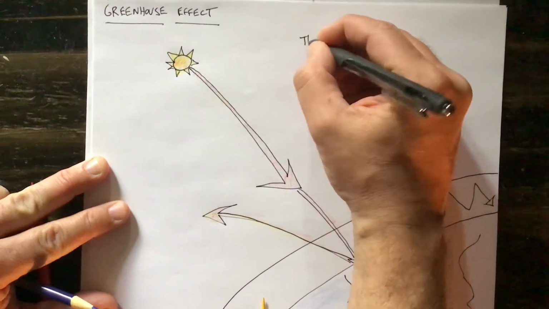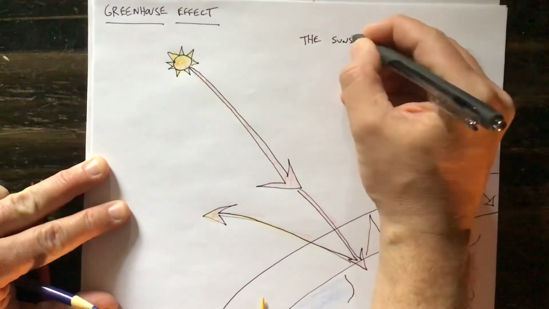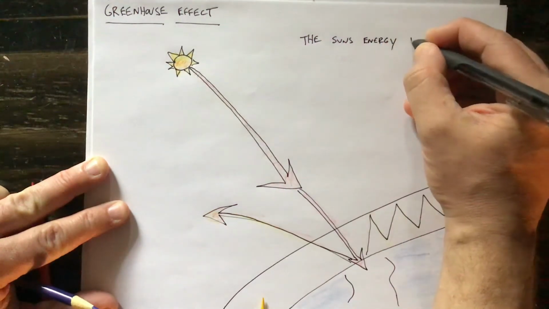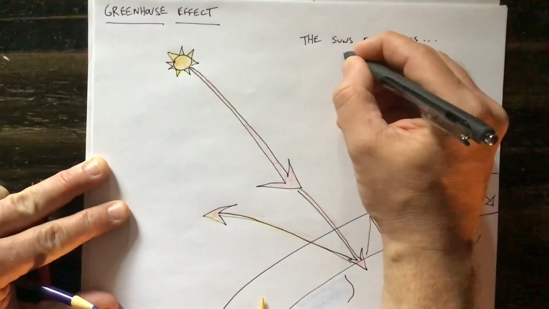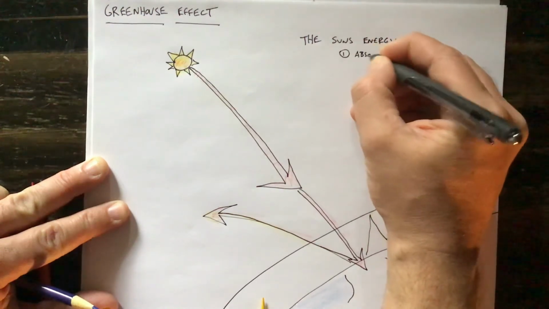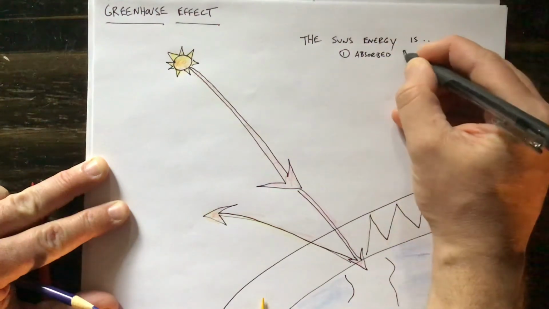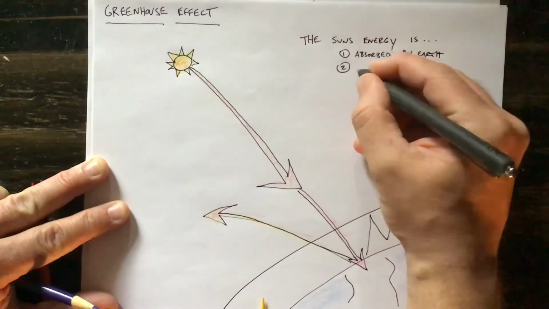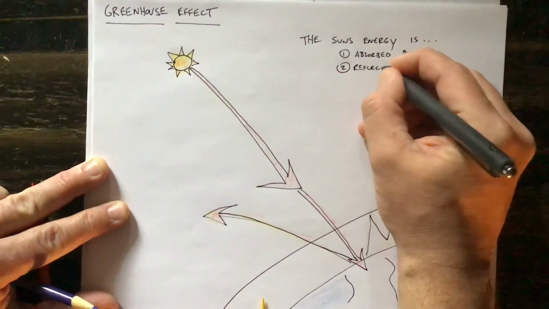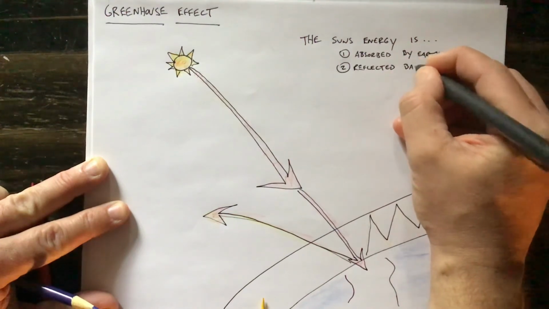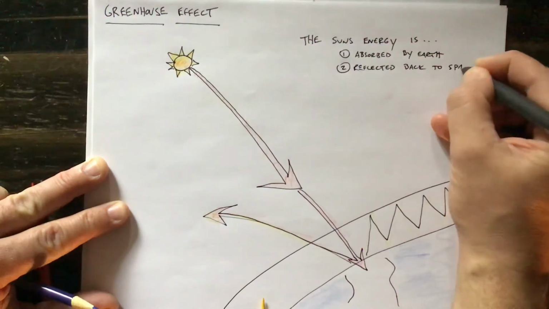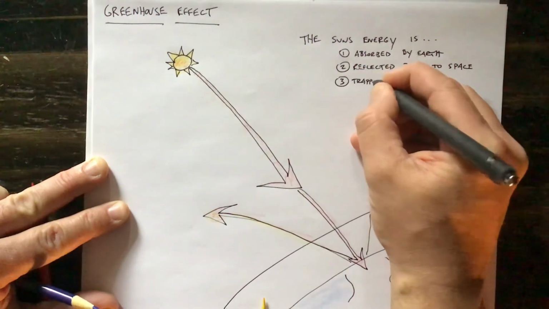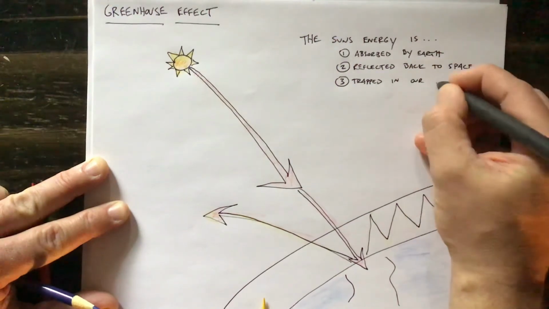So the sun's energy is 1, absorbed by Earth, 2, reflected back to space, or 3, trapped in our atmosphere.